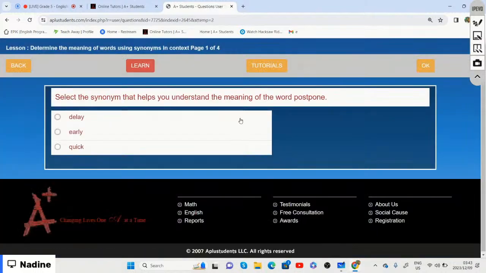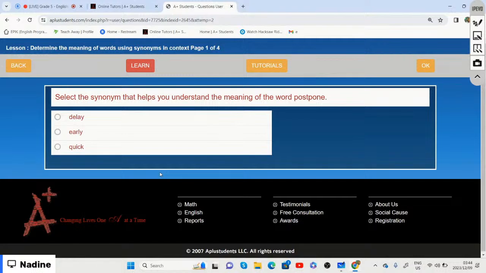All right, so now we're going to begin the test. We need to select the synonym that helps you understand the meaning of the word postpone. So, postpone, does it mean delay, early, or quick? What is the meaning of the word postpone? Is it to delay?